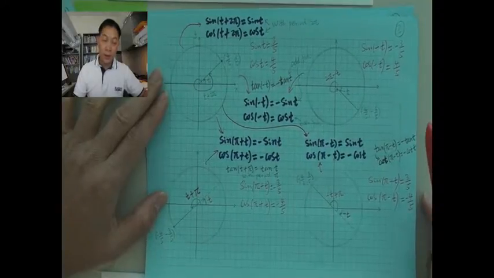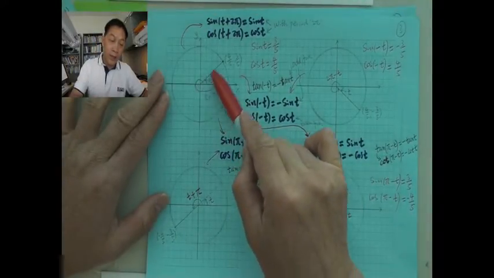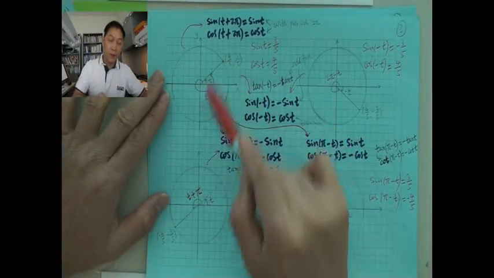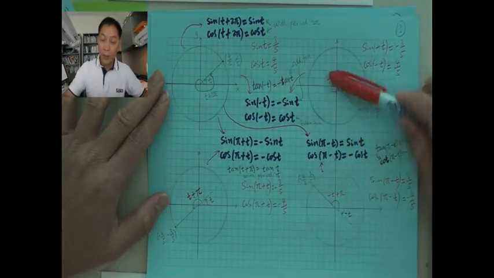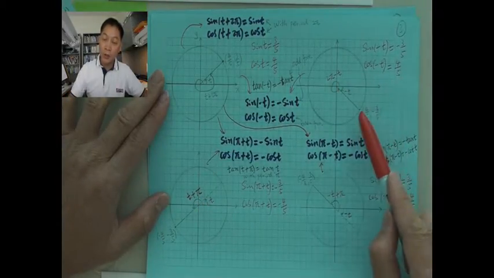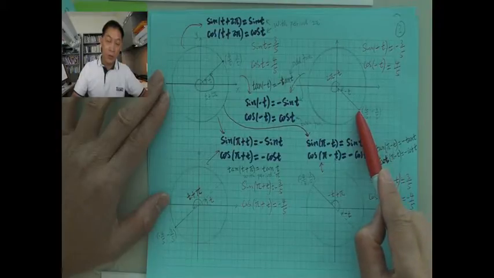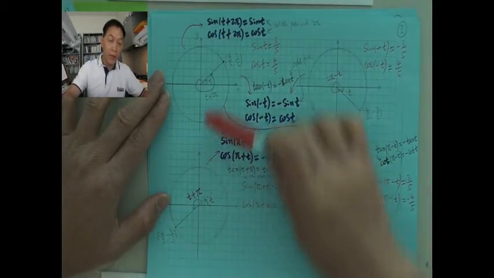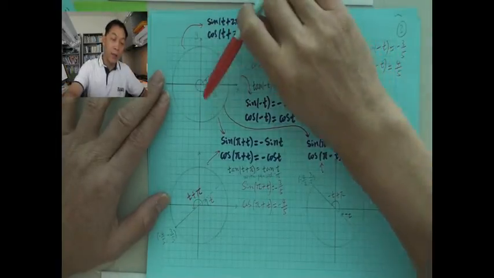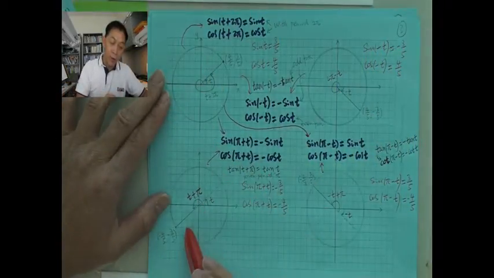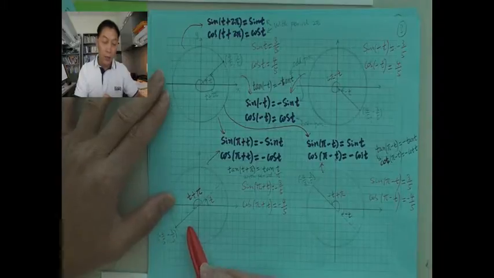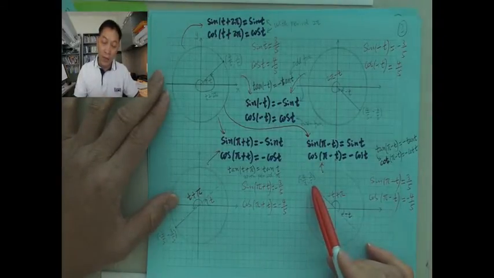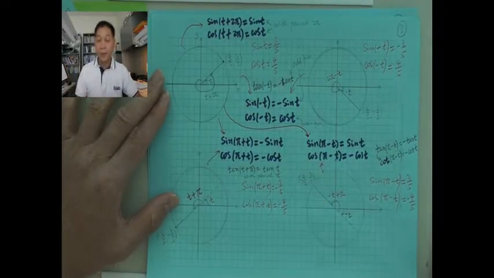Now let's consider, write down here the angle is in the first quadrant. Here, if you rotate in a negative direction, the angle is in the fourth quadrant. And here you rotate 180 degrees more, you get the third quadrant. So the only thing we left over is the angle in the second quadrant.